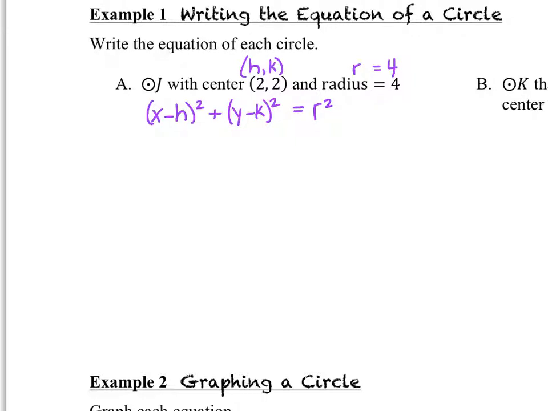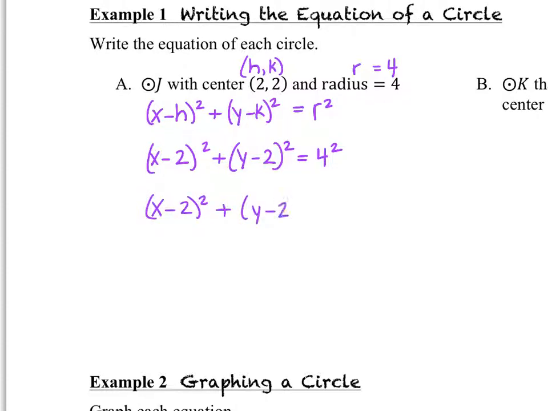We can see that in the box on your notes. Now we're going to plug everything in. So x minus 2 squared plus y minus 2 squared is equal to the radius, 4 squared. We could leave it this way, but we will go ahead and square the r for a final answer. So we end up with 16.